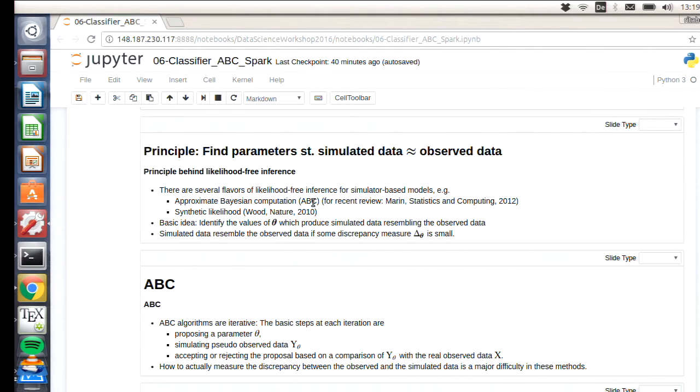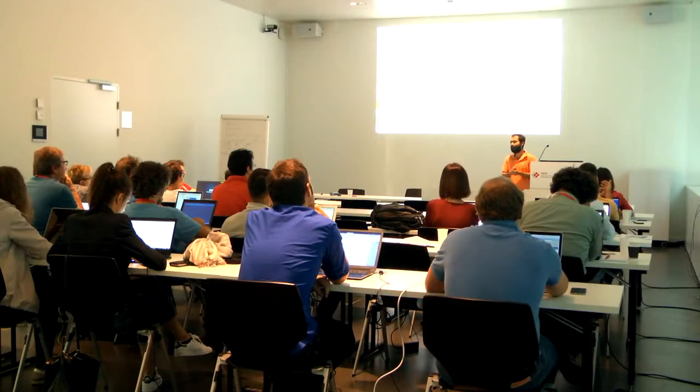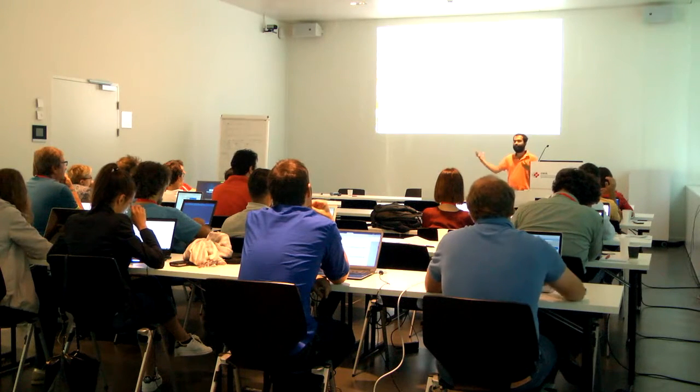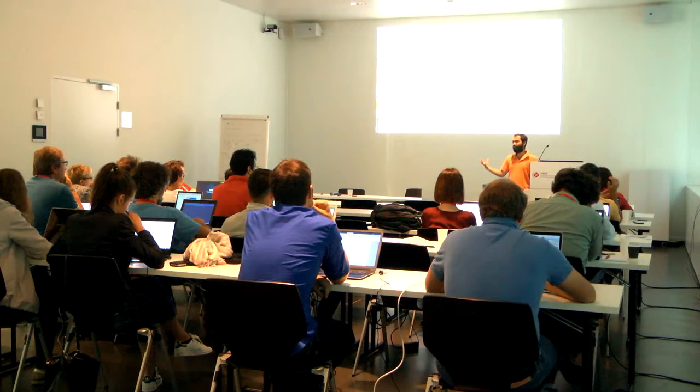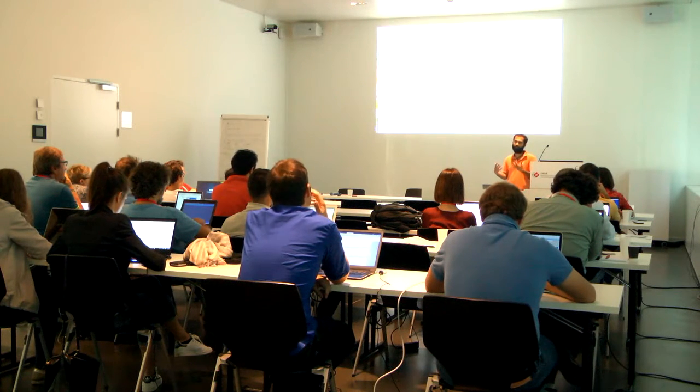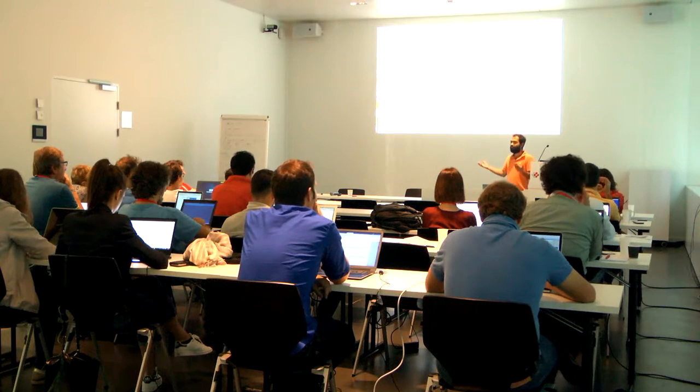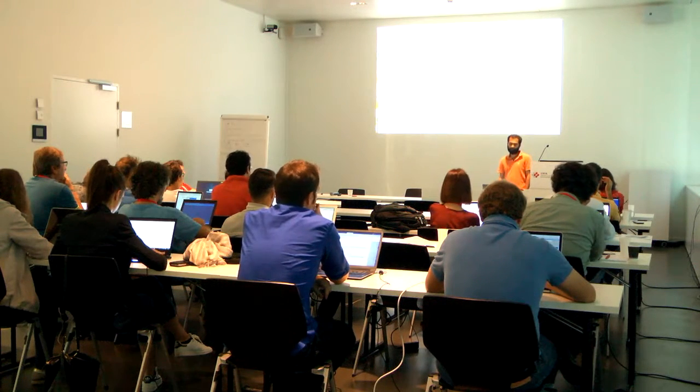Let's say you have the whole parameter space, and you choose one value, and then you have a black box, and you feed that theta, and the black box gives you simulated data. Then you have simulated data and observed data. If you compare them and they are similar in some manner, then you say maybe that theta is a possible theta, because it churns out similar data sets. And if it is not, then we don't accept it.